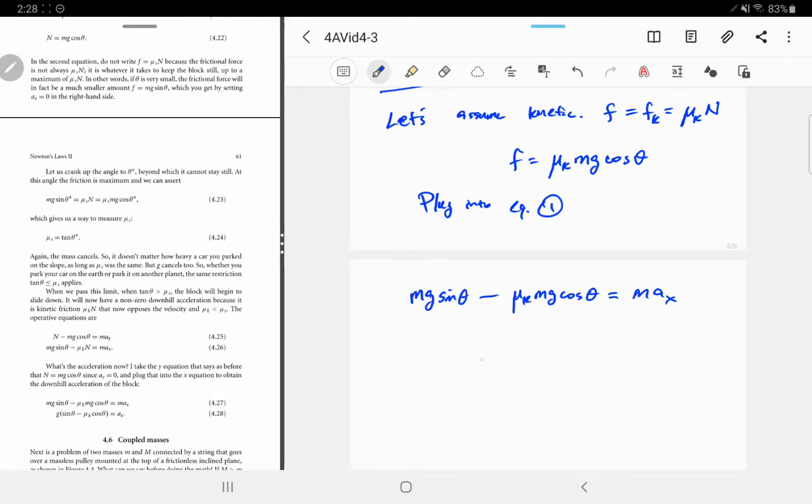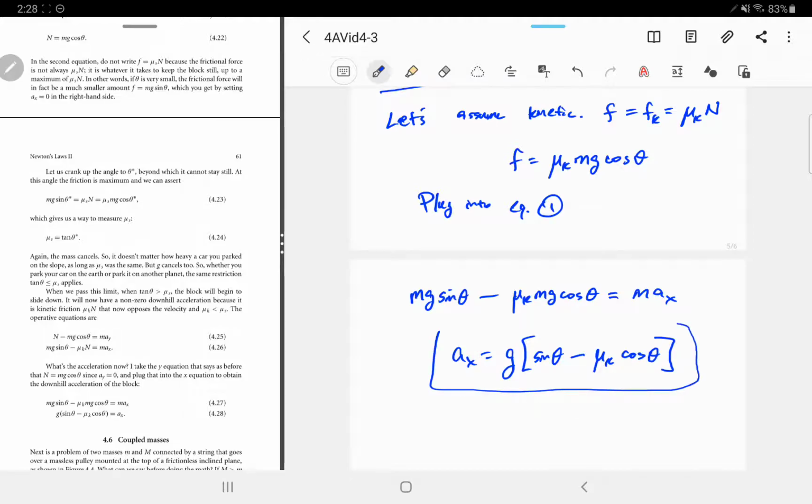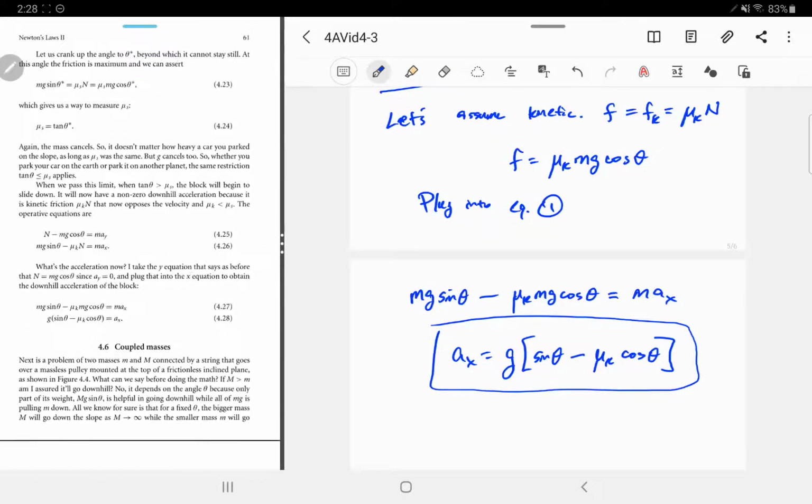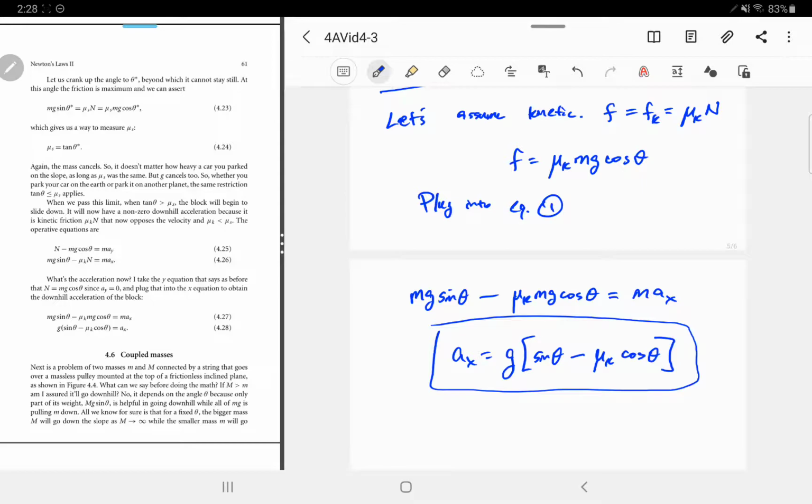And dividing by the mass, we get a_x is g times sine theta minus mu sub k cosine theta. You can see that if mu sub k is 0, we just get g sine theta like before. And that's what your book leads up to. That's equation 4.28 in your book. Looks like we got the same thing. All right, great.